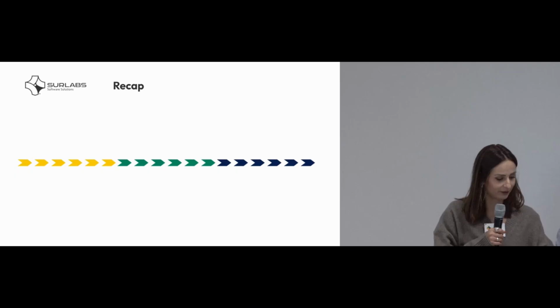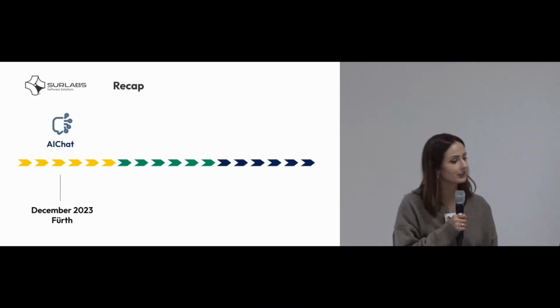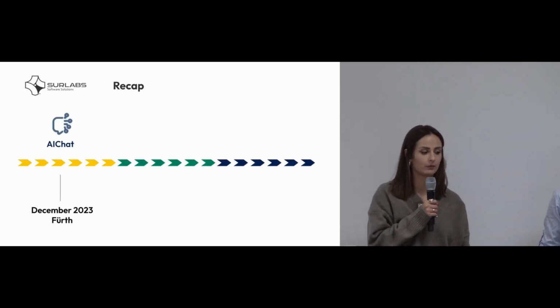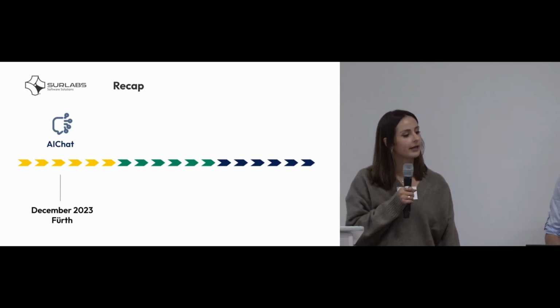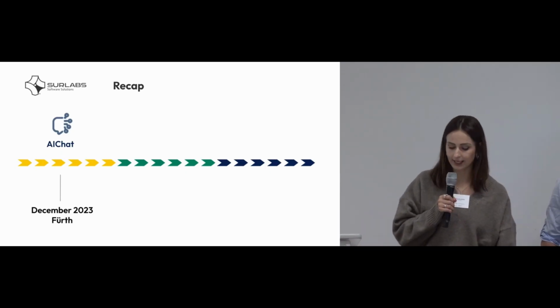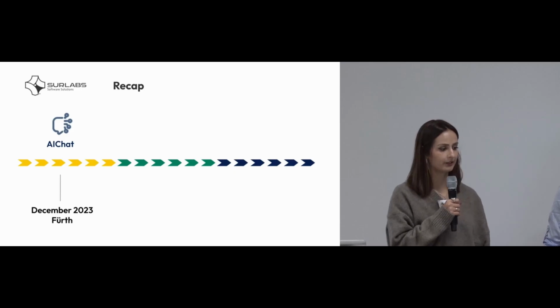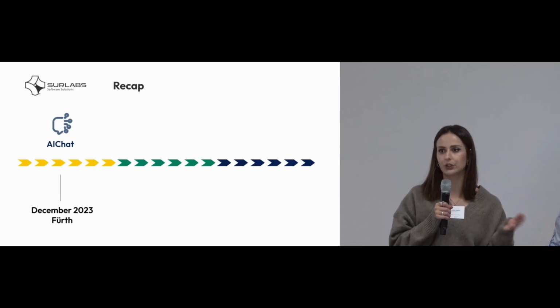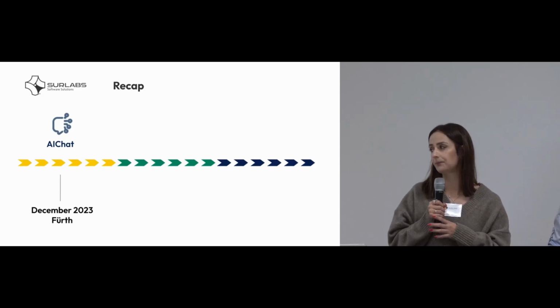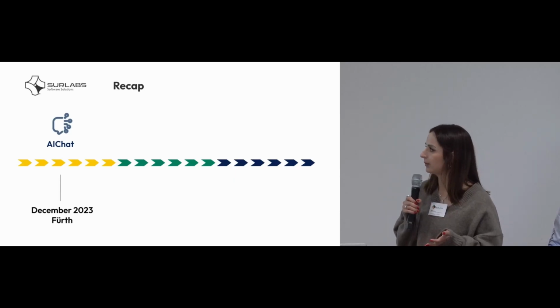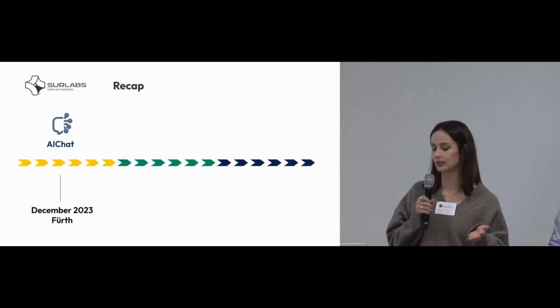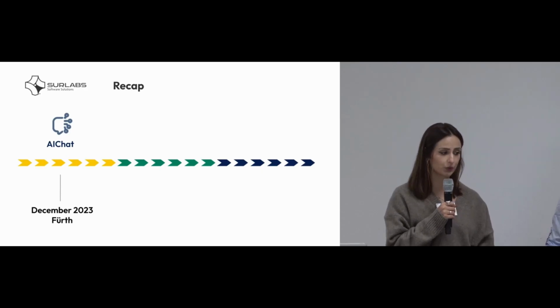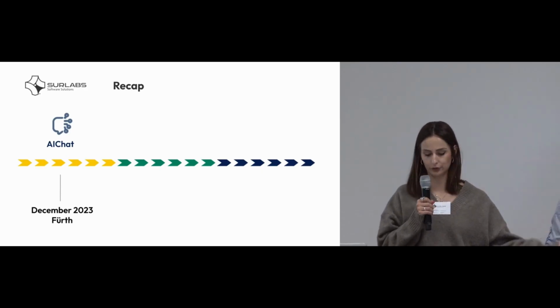So a short recap. We started, as I mentioned, in December 2023 and presented you the AI chat in ILIAS. And yeah, what is the AI chat? The AI chat is a chatbot which is using an LLM. The plugin is available as open source, and you can choose an LLM of your choice.